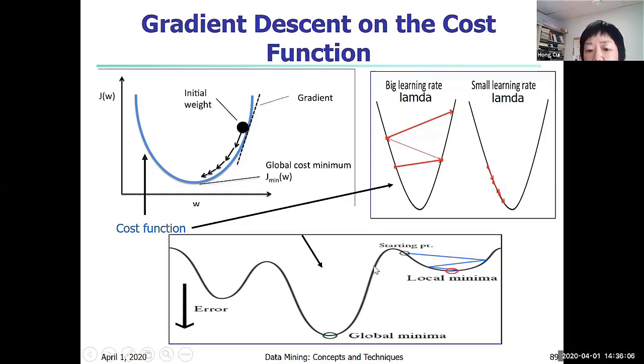We want to minimize the error in the direction that would reduce the error the fastest. So again, we have a cost function that's non-convex. Therefore, we will do gradient descent to find the global minimum, find the direction where we want to descend to reduce the error.